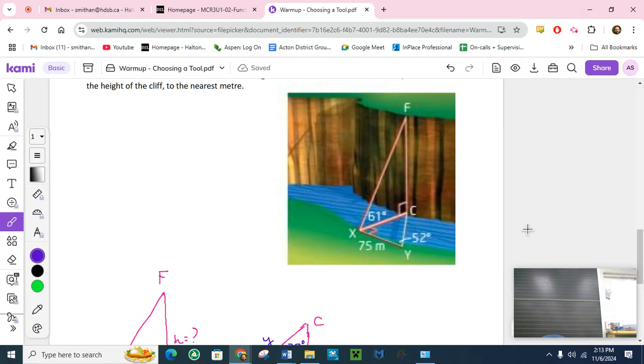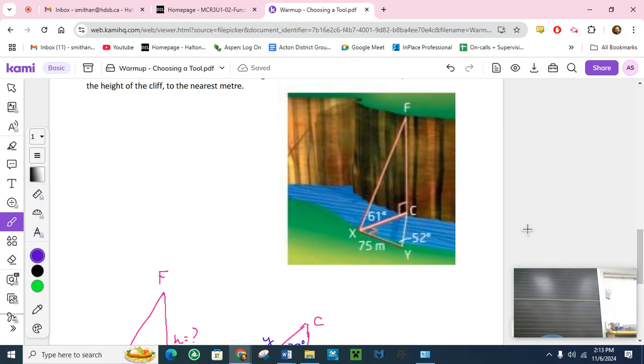So this is a cliff, and this point X is like across from the cliff. So you guys understand this is 90 degrees, and then you look up at the cliff. The angle of elevation is 61 degrees. Okay, and then you walk farther downstream, let's say 75 meters, that forms another right angle.